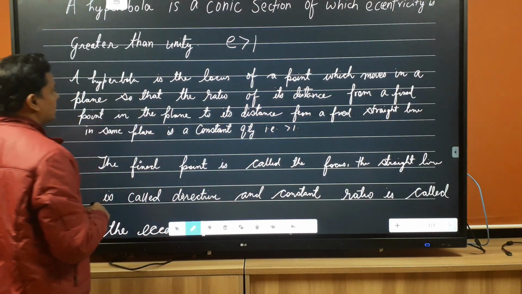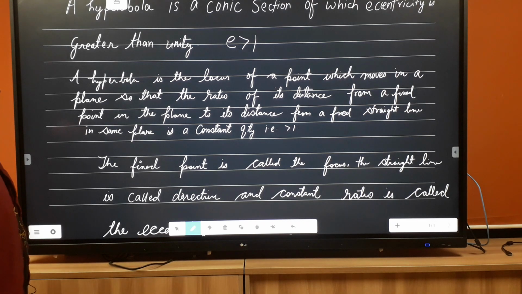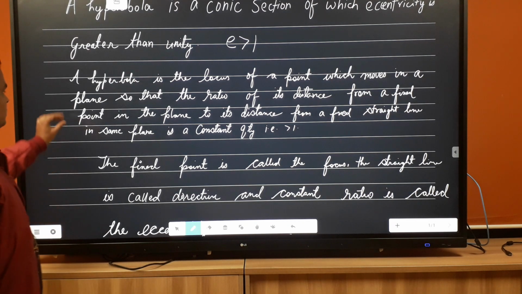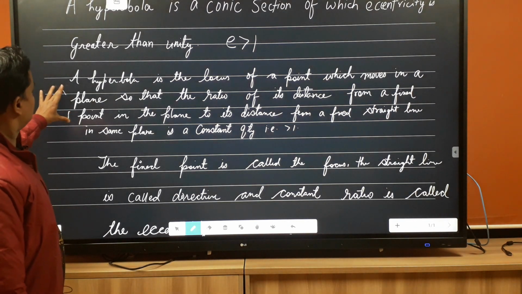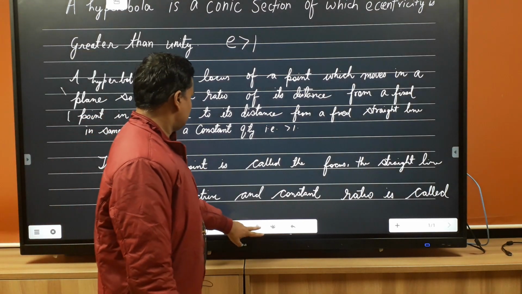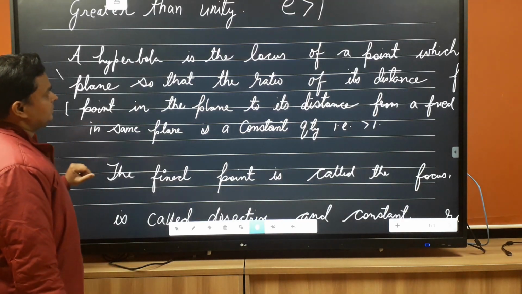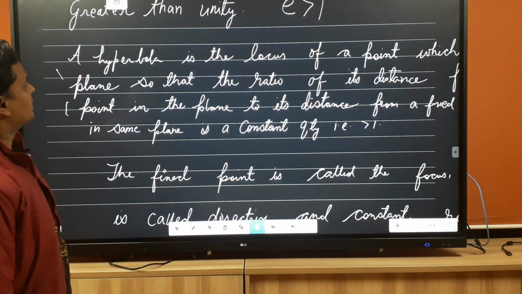Now coming to the second detailed definition: a hyperbola is the locus of a point which moves in a plane such that the ratio of its distance from a fixed point in the plane to its distance from a fixed straight line in the same plane is a constant quantity that is greater than 1.